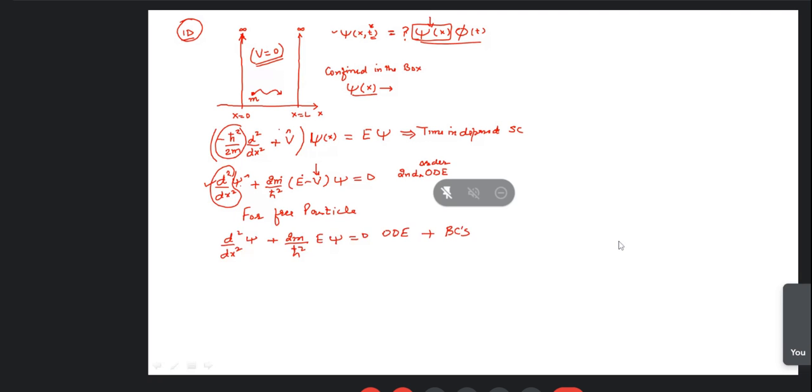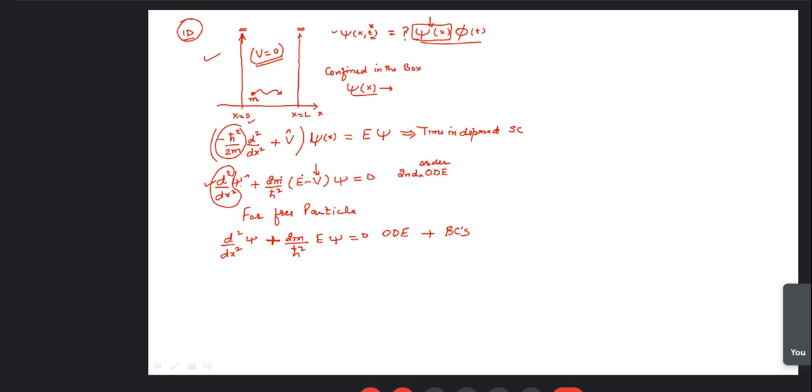Boundary conditions you see from our model. This is the model for a particle which moves in a 1D box, one-dimensional box. So we can see that at this wall potential is infinite. It will experience infinite force at this wall, so it cannot move out of this.